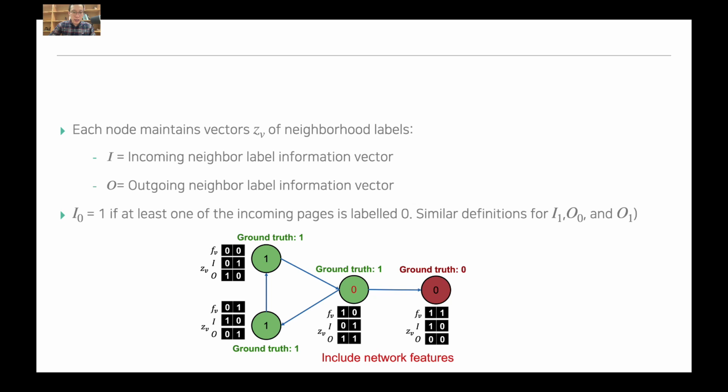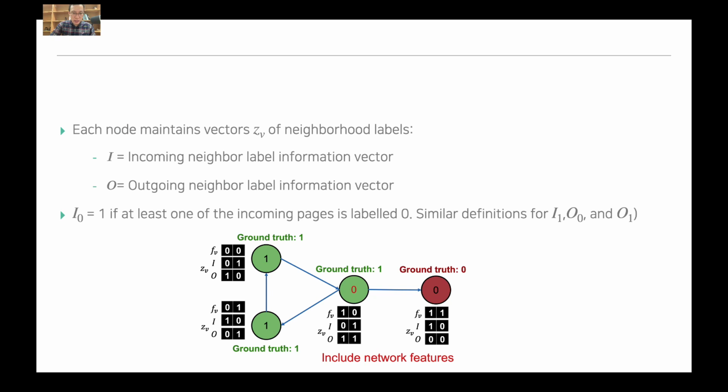And I is the incoming neighbor labels. So, for the upper left node, the green one, you see FV has the 0, 0 vector, and I has 0, 1.